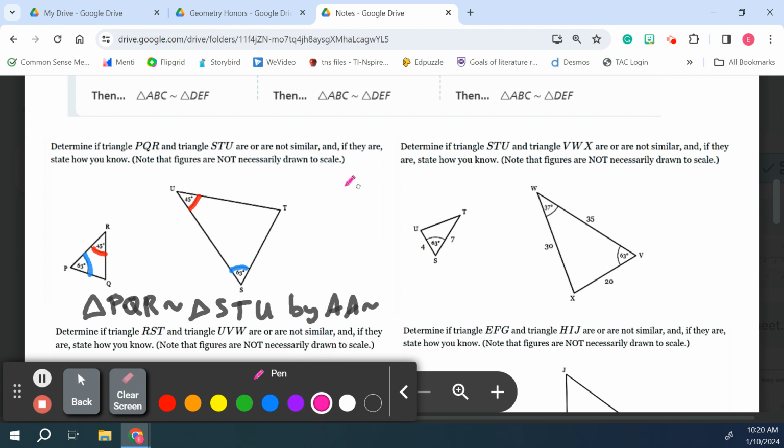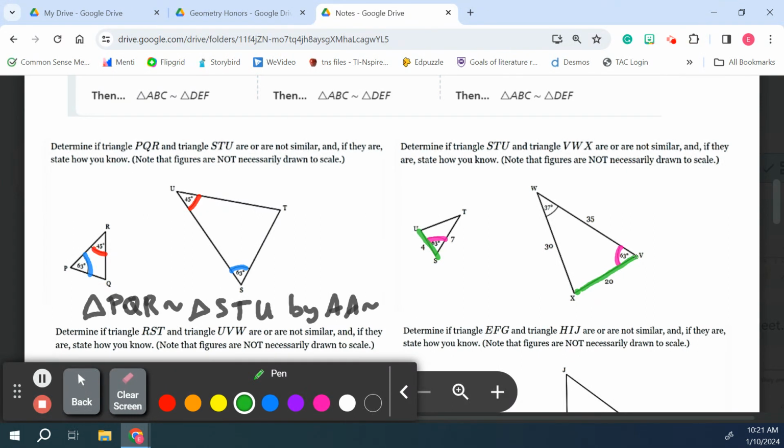All right, looking at this next one, again, we're going to determine if these two are similar. Well, this one's giving me three sides. This is only giving me two, but we do have the same angle right here and right here. We don't have another angle, and we have nothing over here to really prove that there's another angle that equals 37, so I'm going to have to go to sides now. So looking at this, I'm going to have US should be proportional in this case to XY, just based off of their locations.